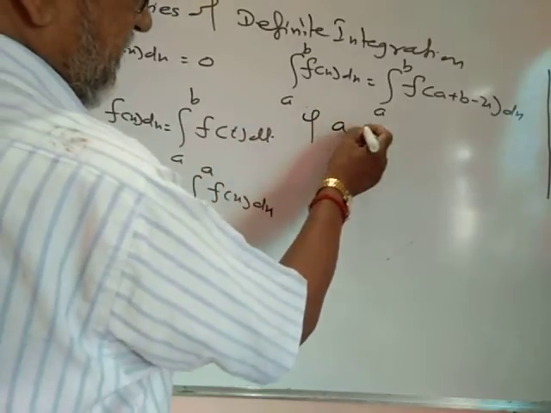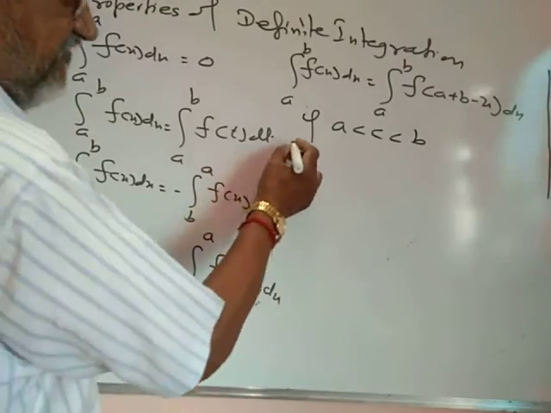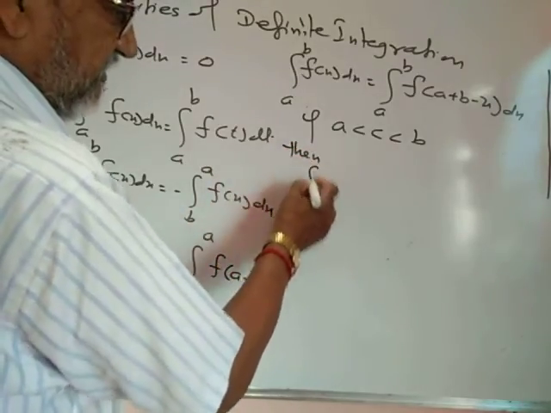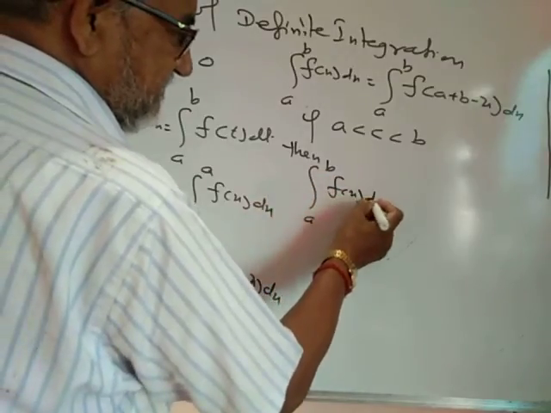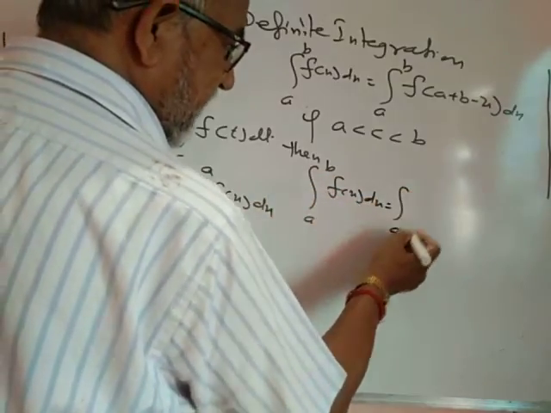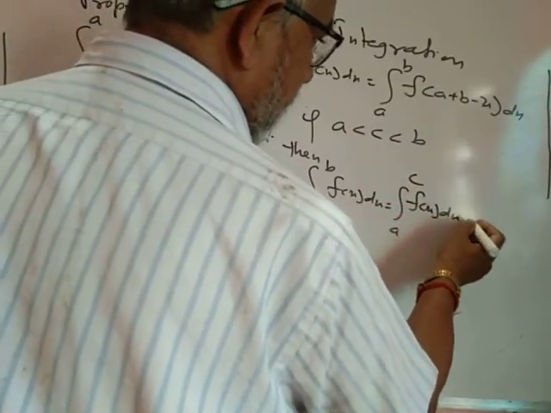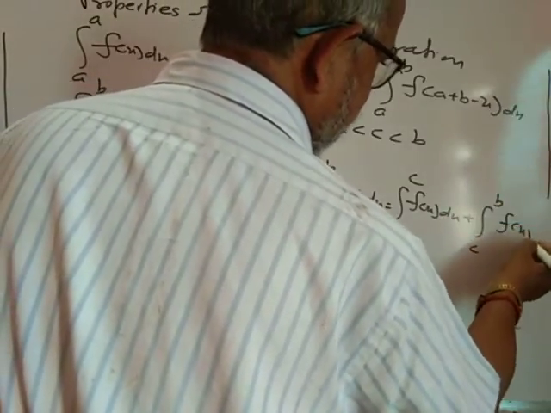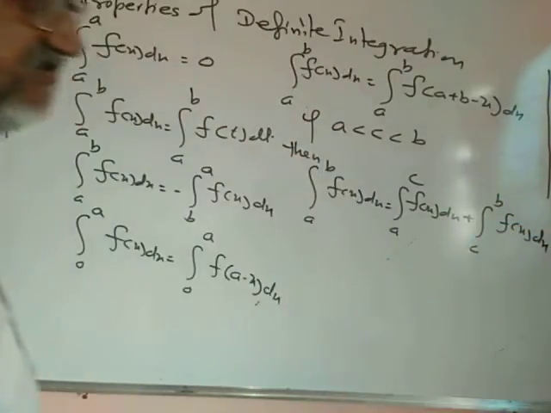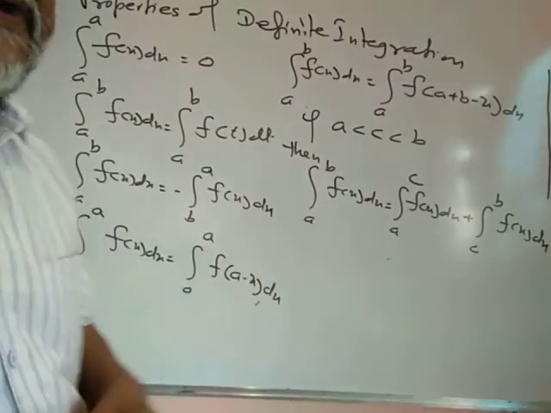If a is less than c is less than b, then integral from a to b of f(x) dx is equal to integral from a to c of f(x) dx plus integral from c to b of f(x) dx. This is again a very important property.